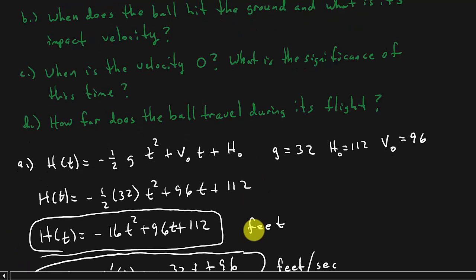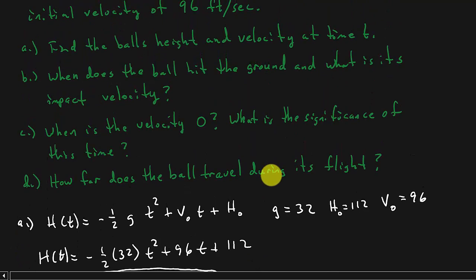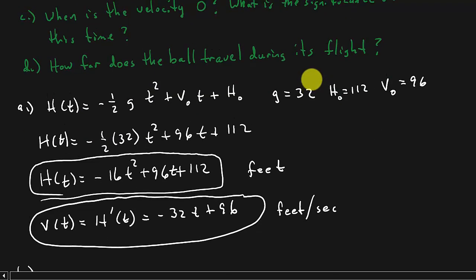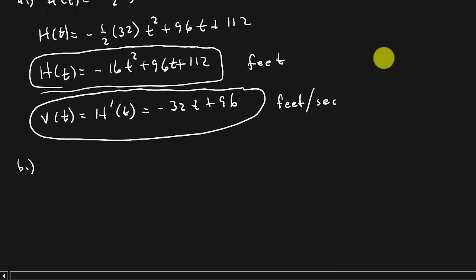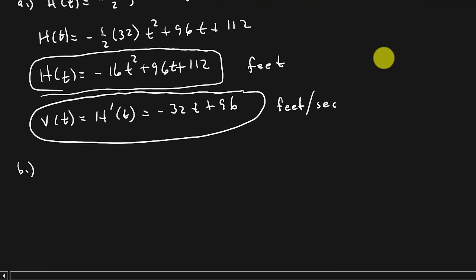Now let's look at part B. It says, when does the ball hit the ground and what is its impact velocity? So we want to know when does it hit the ground, at what time, and what's the velocity of that object when it hits the ground. Well, it hits the ground when the height is 0, right?